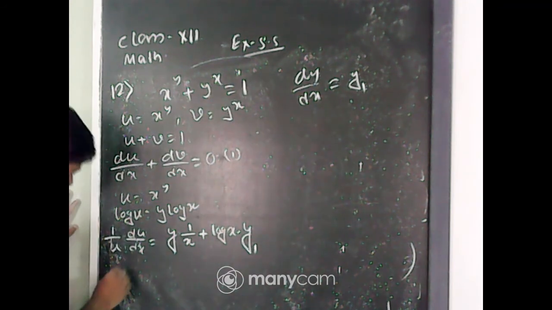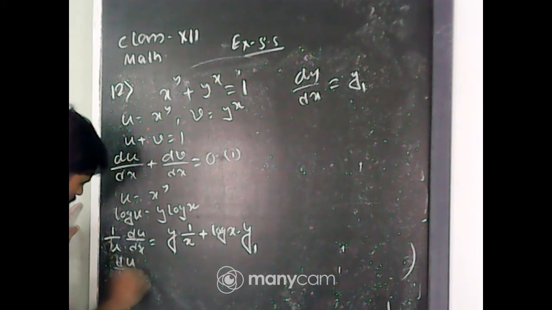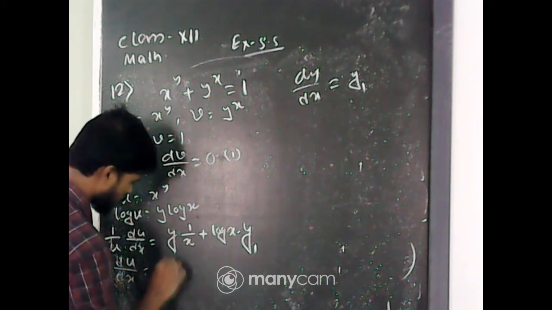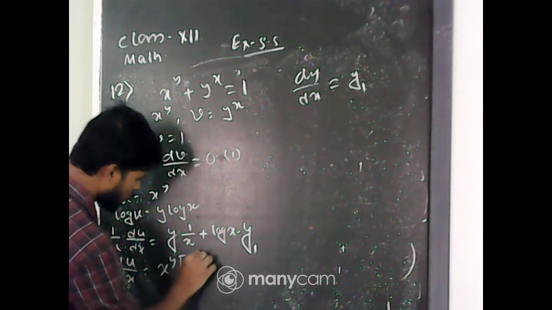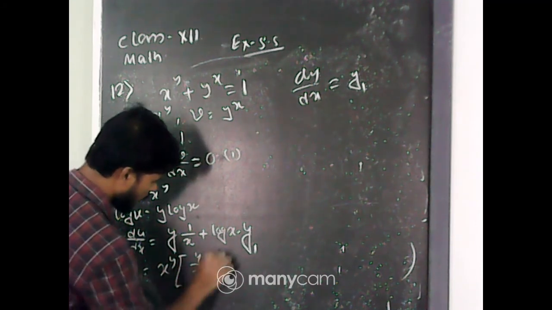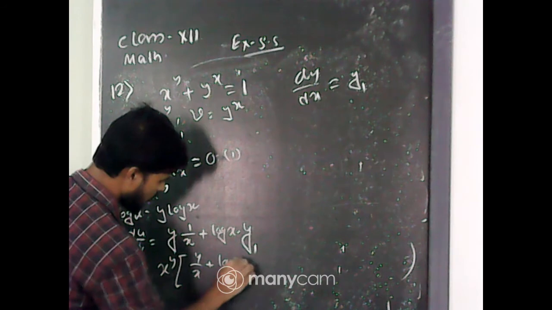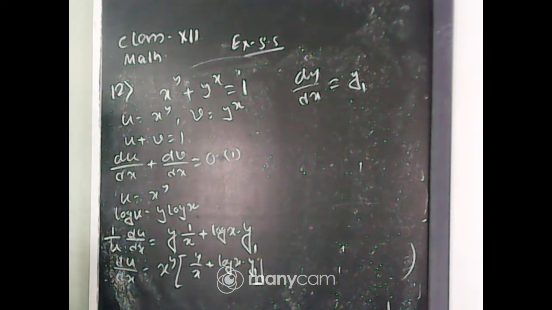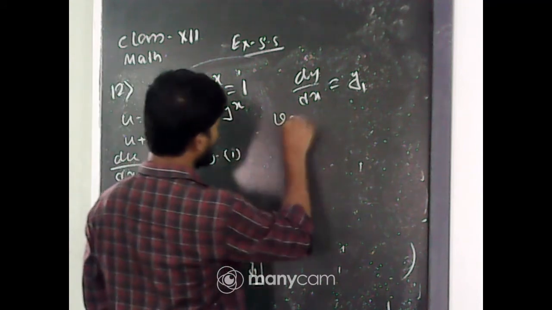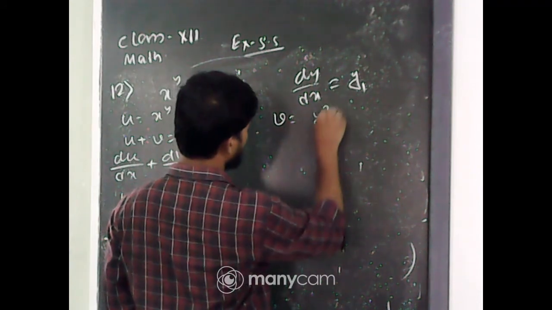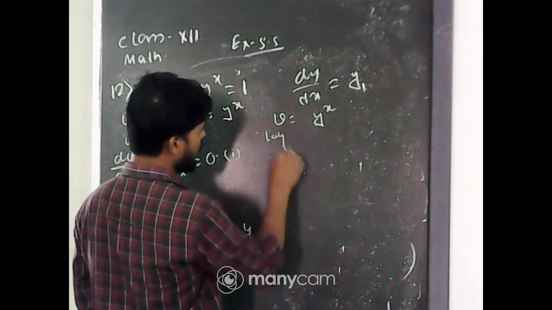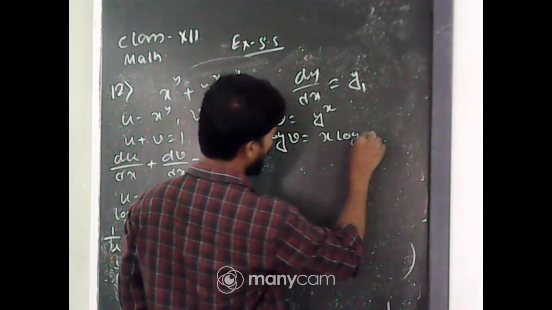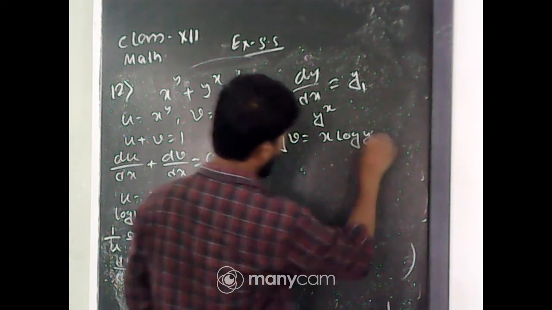So what is the value of du/dx here? du/dx is equal to u, which is x to the power y, into (y/x plus log x into y1). So this is the value of du/dx. In a similar way, calculate dv/dx. Taking log, we have log v equal to x log y.